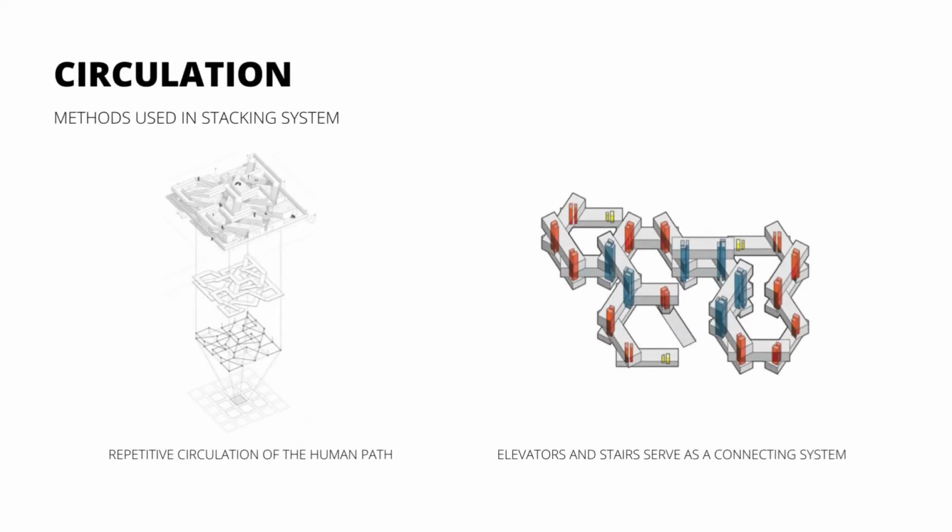Circulations. Another method of stacking is the repetitive circulation of the human path, which creates a system that could be the concept for stacking the buildings. Elevators and stairs could be used to stack the buildings, and could also serve as a connecting system between multiple buildings.